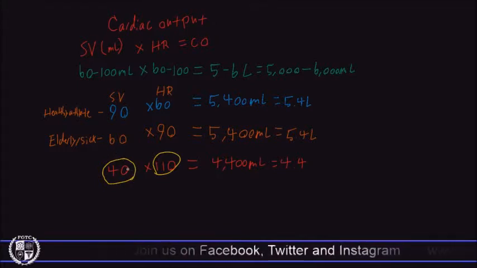Now, something that's important to understand is we cannot calculate stroke volume in the field. We are only aware that it exists. So if I have somebody with a very high heart rate, I know that their stroke volume is typically low, and that is going to indicate that they could be a sick patient. Maybe there is something wrong with the heart itself, and if that's the case, then we can correct that.